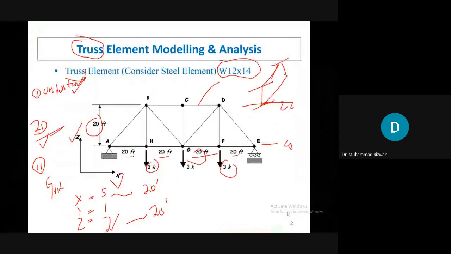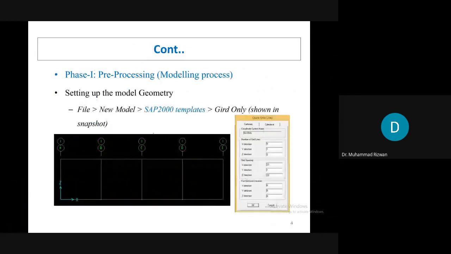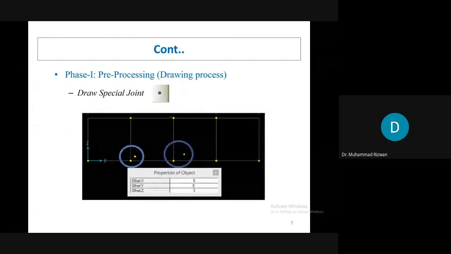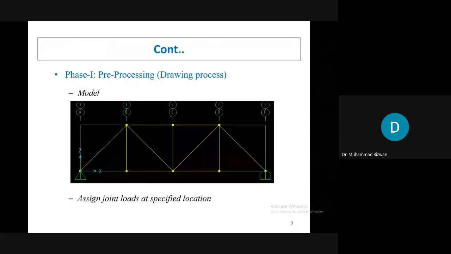Let me now go directly with this. I have solved this problem. They are also discussing the same steps again, just for you. Again, we have a pre-processing stage, analysis stage, and then post-processing stage. First they have defined the grid lines. After that, you already know you need to repeat all the steps which we did in the previous class. You need to define material, define section, load pattern, load cases, load combination, and then drawing, etc. You can also see they are drawing this frame, this truss element, truss problem.